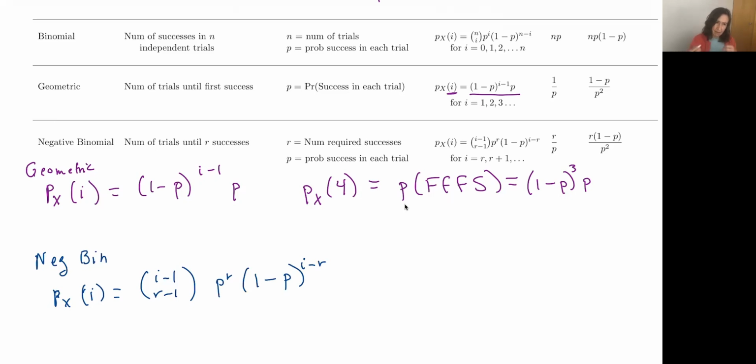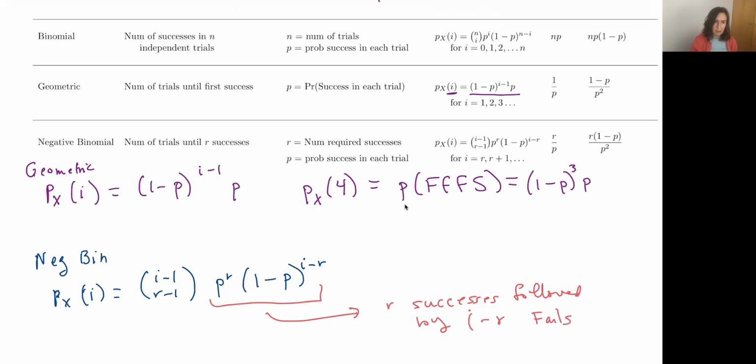But again, let's think about what's going on here. This is the probability of R successes followed by i minus R fails. And that is indeed what we need to have, although we need to have it in the opposite order, for the negative binomial we need to have the success come at the end.